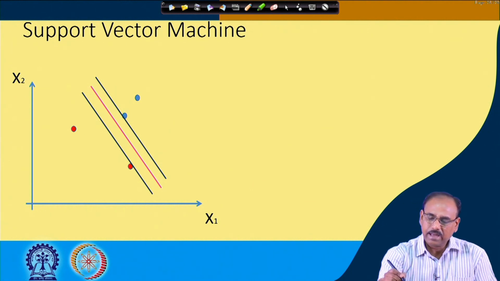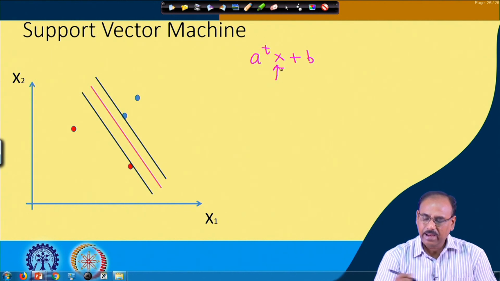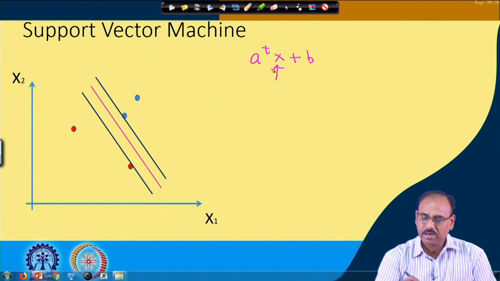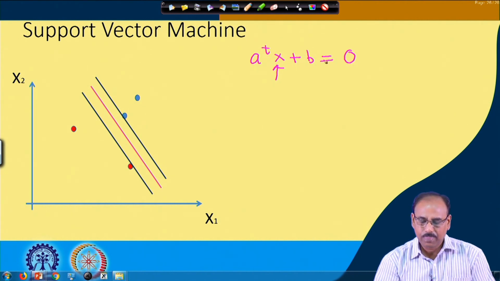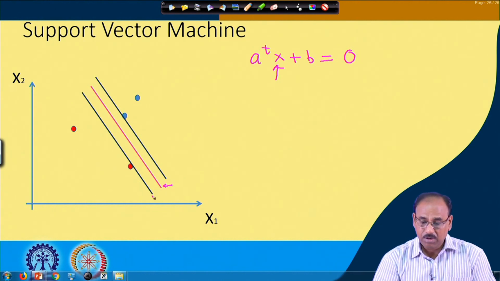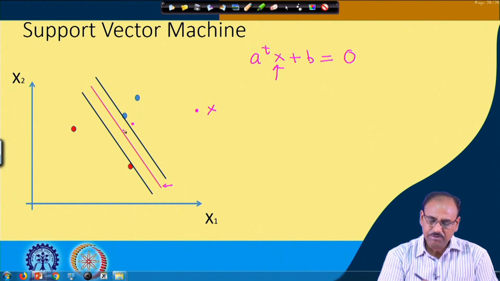You remember one more thing: when I take A transpose x plus b for any feature vector x, this is an indication of the distance of the feature vector x from the separating plane A transpose x plus b equal to 0. So, in this situation, if this is my separating plane, my confidence of correctly classifying a feature vector lying over here is more than my confidence of correctly classifying a feature vector over here.